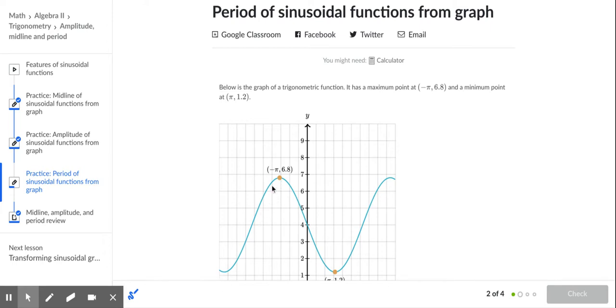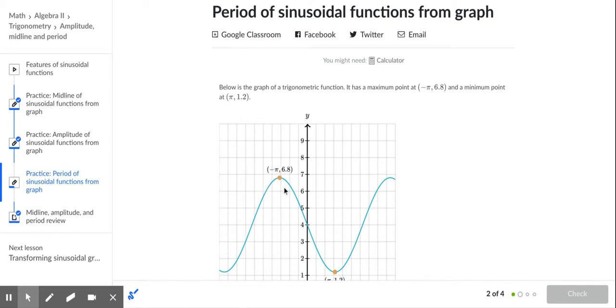This side is exactly the same as this side, distance-wise. So if I want to know the distance between this maximum and this maximum, I just need this distance plus this distance. And these are distances in the x direction. When we were talking about amplitude and midline, we were talking about the y direction.